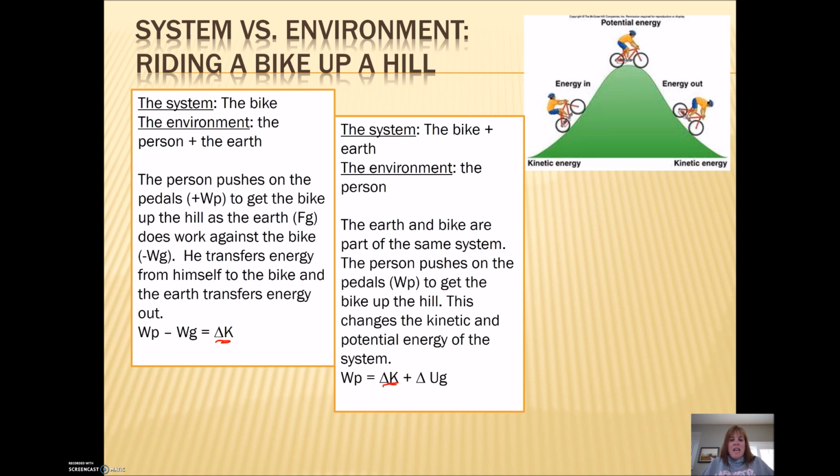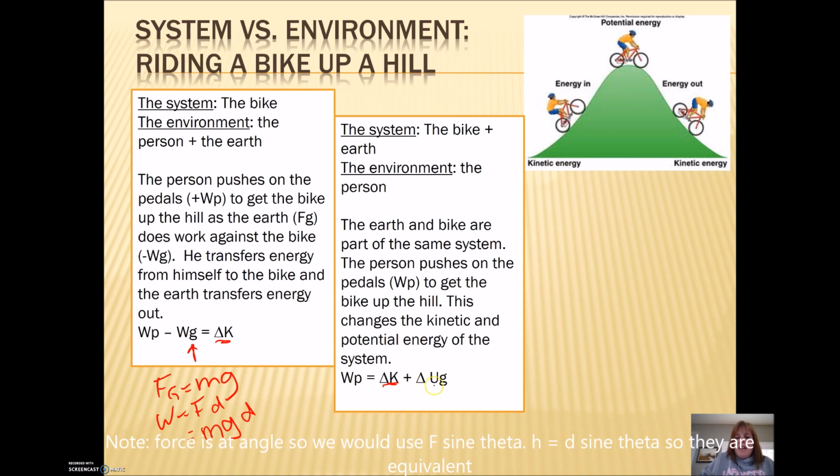But instead, if you think about what we have here, work, remember, is force times distance. And the force of gravity is equal to mg. And if work is force times distance, then for my force of gravity here, we would have mg, and the distance would be maybe the height of the hill.